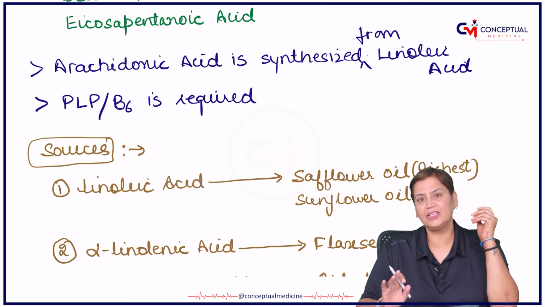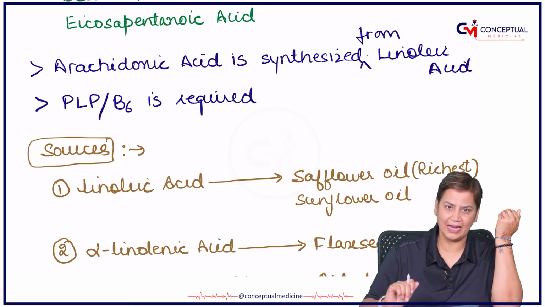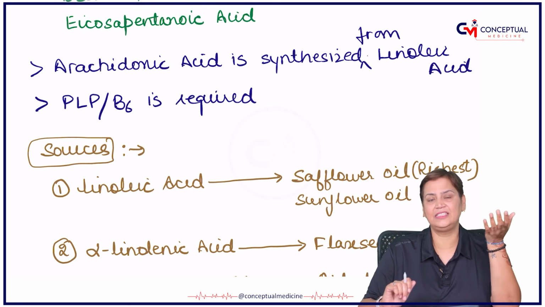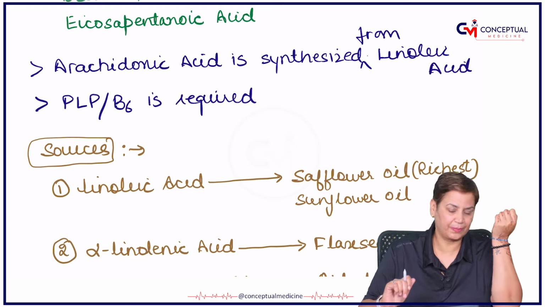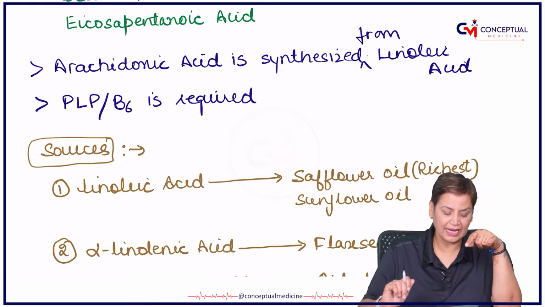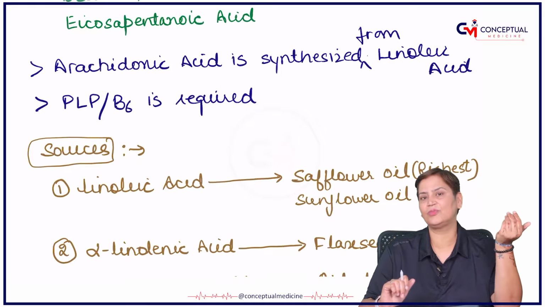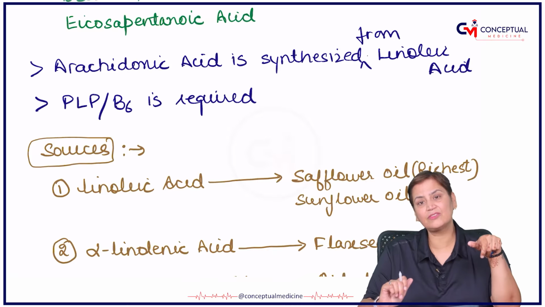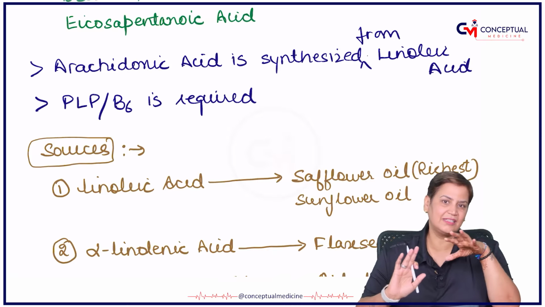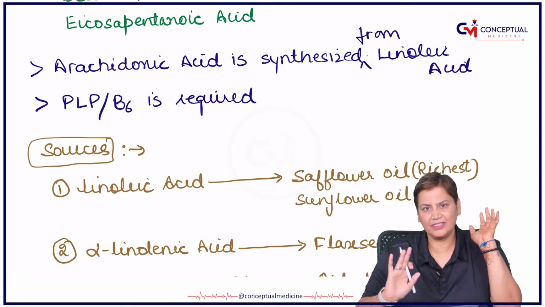Prostaglandins are actually secretions of the prostate gland which are generally released during acute inflammation. And that is why I have written arachidonic acid, since it is responsible for the synthesis of prostaglandins, but it is synthesized from linoleic acid, so we call it a semi-essential fatty acid.